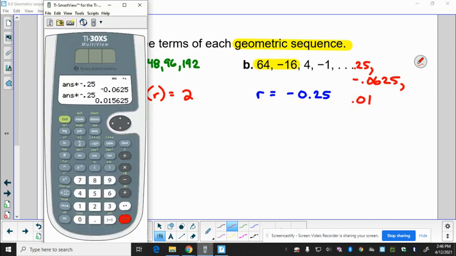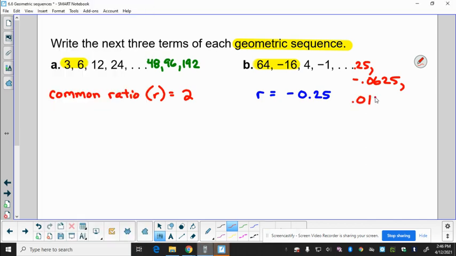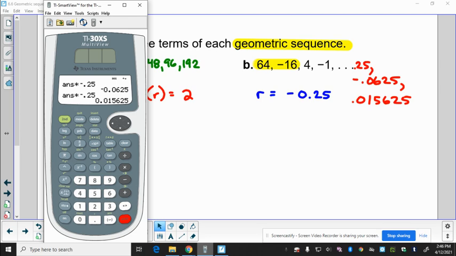You can convert these to fractions too. I'll show you that. If you've got a fraction-decimal key, which I think I do here, I can convert those to fractions too if I'd like to.